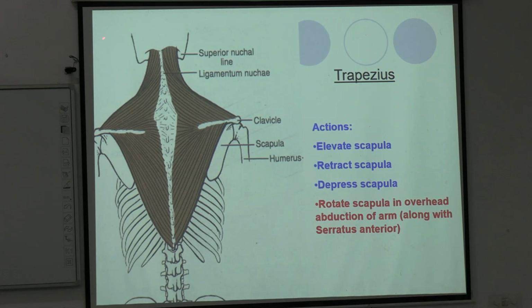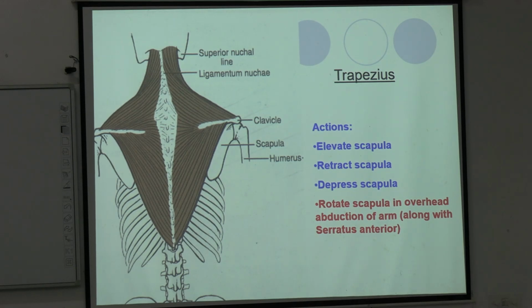Then only can we have this arm moving up. So the contraction of the upper fibers is rotating the scapula in overhead abduction of the arm. That's why this trapezius, being a far seated muscle, helps the shoulder joint movement.